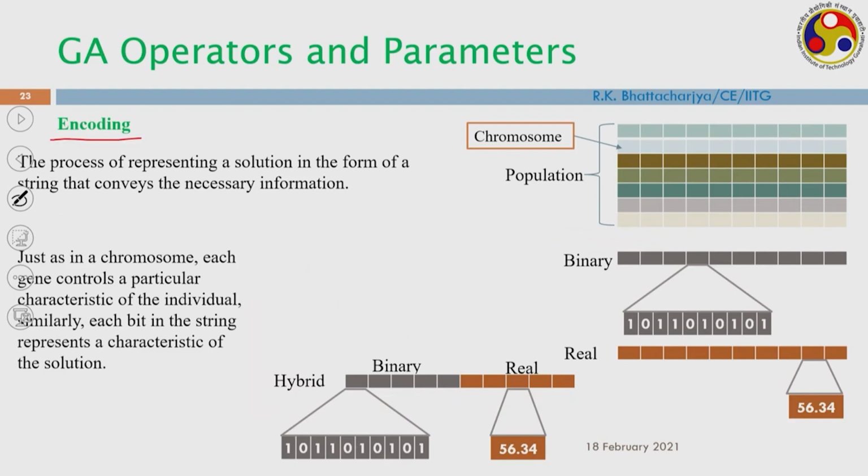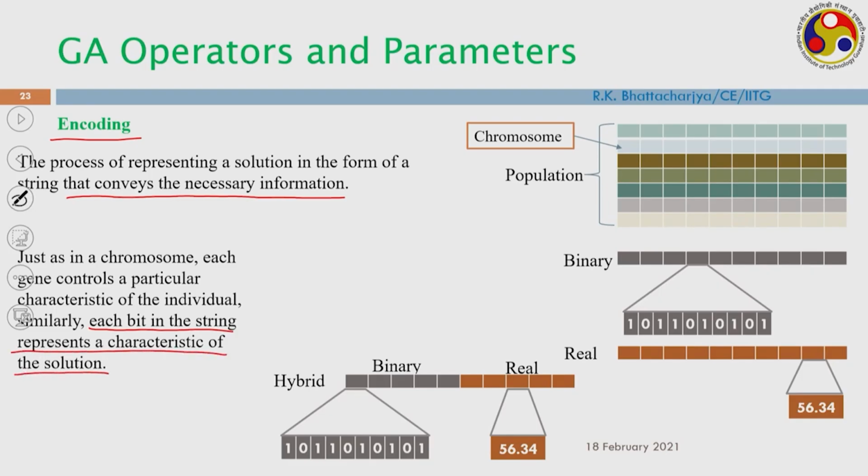The process of representing a solution in the form of a string that conveys the necessary information is called encoding. Just as in a chromosome each gene controls a particular characteristic of the individual, similarly each bit in the string represents a characteristic of the solution.